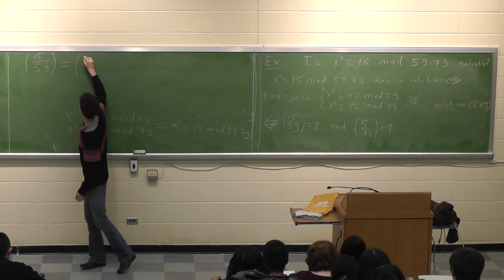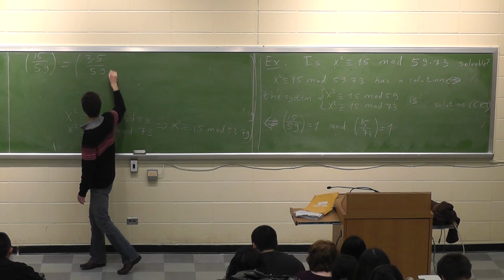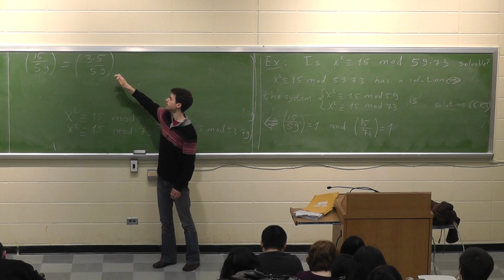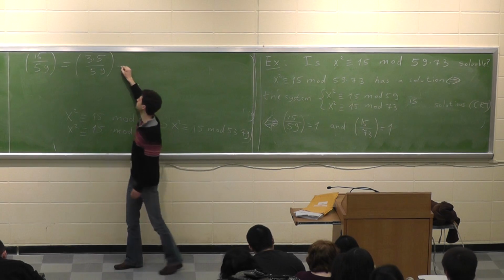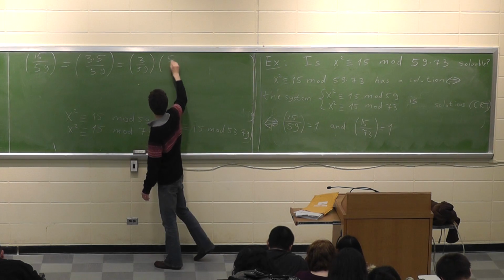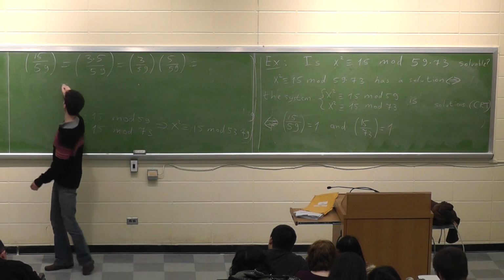Okay, yes. The first step, write 15 as 3 times 5, because otherwise quadratic reciprocity just doesn't work. Now, the Legendre symbol is multiplicative. So it's 3 over 59 times 5 over 59. Now we can use quadratic reciprocity.